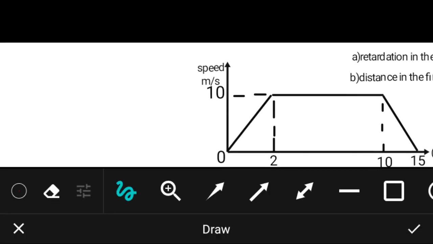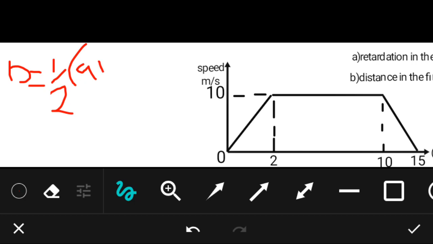The formula for a trapezium is distance is equal to half, open bracket, a plus b, close bracket, times height.